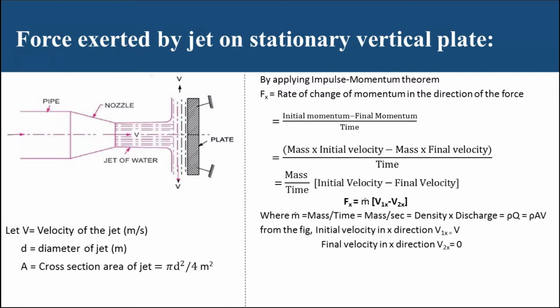So we'll put this value in the above equation. We get Fx equals rho A V, which is the mass flow rate by the continuity equation, times (V minus 0). So our Fx comes out to be rho A V square.